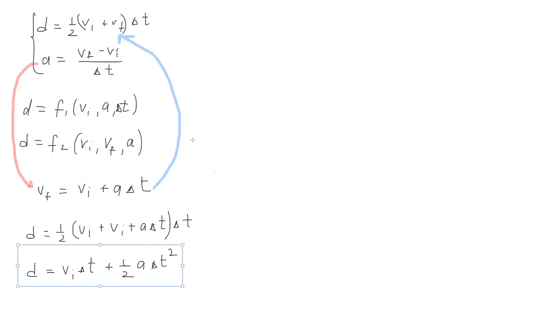So now we're going to try to derive another one in which we do not have time, right? Over here, no time. So we need to solve the acceleration equation for delta t. So acceleration is equal to that, which means delta t equals v final minus v initial over a.